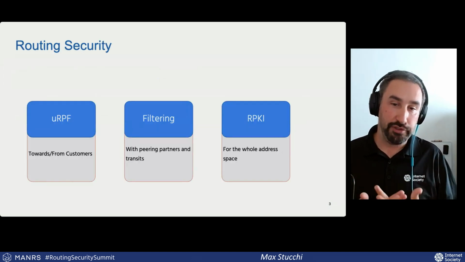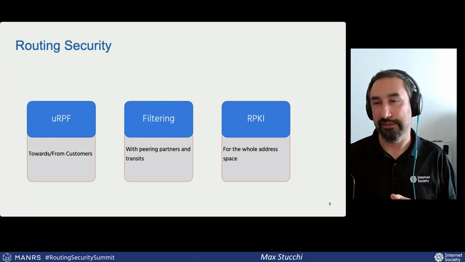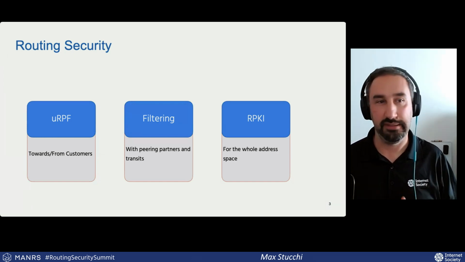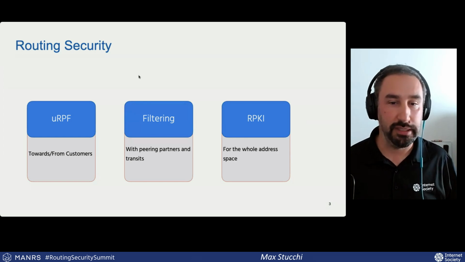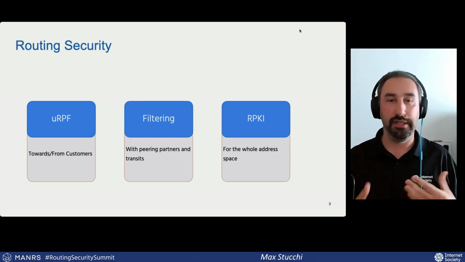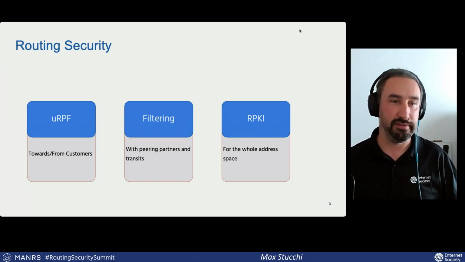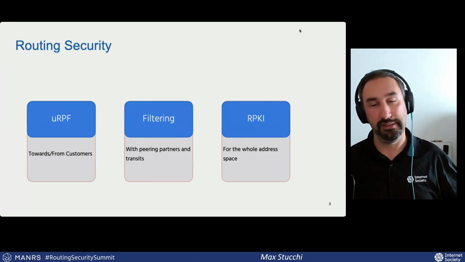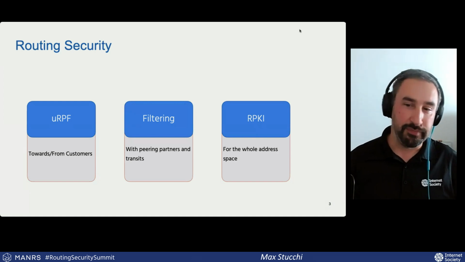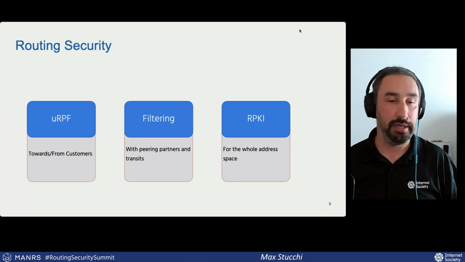We have 3 major parts, and if you've ever looked at MANRS as a project, you will recognize, you will maybe understand that there is a similarity between this scheme and what you've heard about MANRS. There is RPF, that is something that we use to filter what we get towards or from our customers.